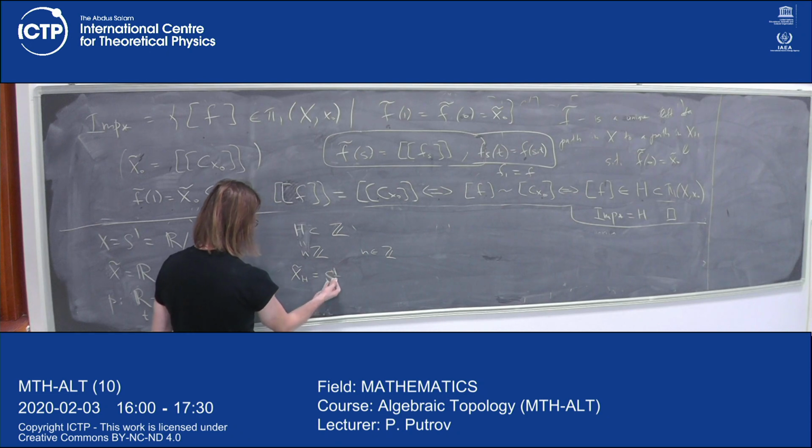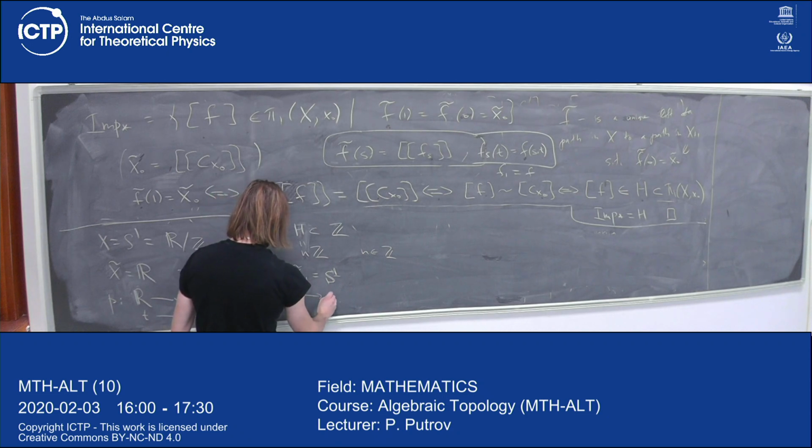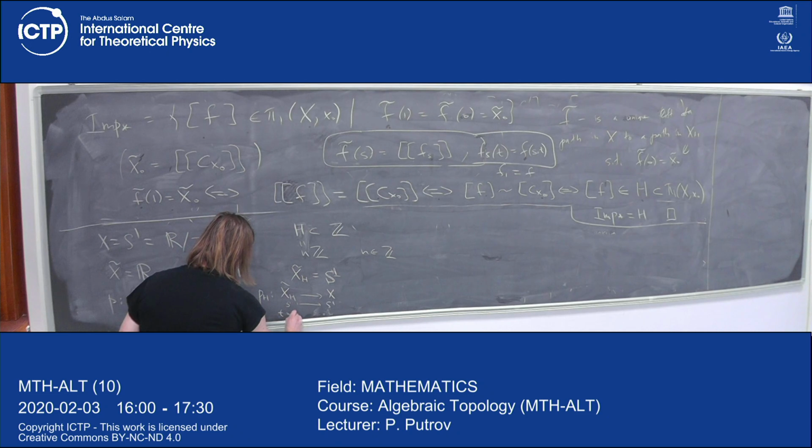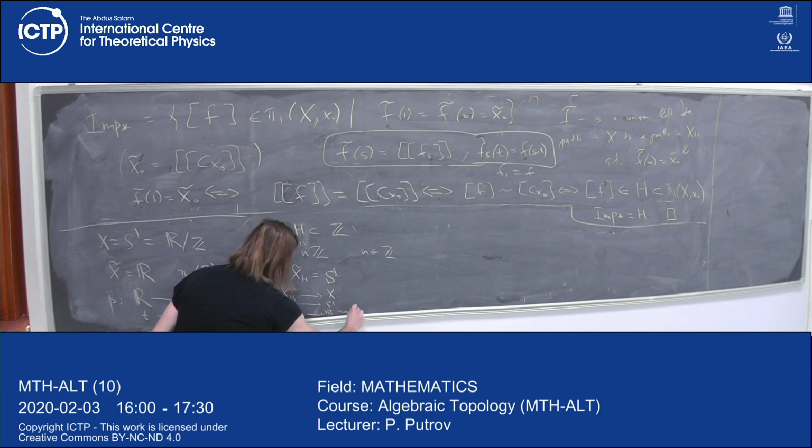and it's easy to see that one can provide such an example by taking X_H to be just S1, and the corresponding covering map, so it should be a map from S1 to S1, just realized by taking, if I have some number t mod 1, I take it to n t mod 1.